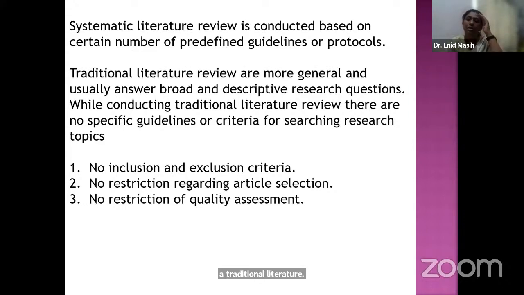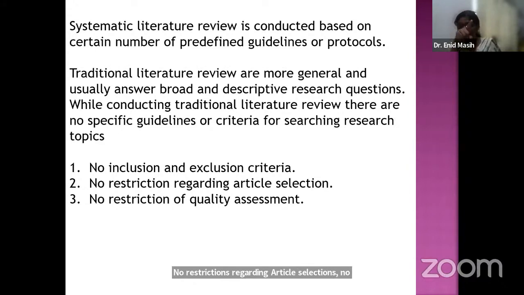So a systematic literature review gives us a more narrow perspective. No inclusion and exclusion criteria were used in a traditional literature review. No restrictions regarding article selection, no restriction of quality assessment.